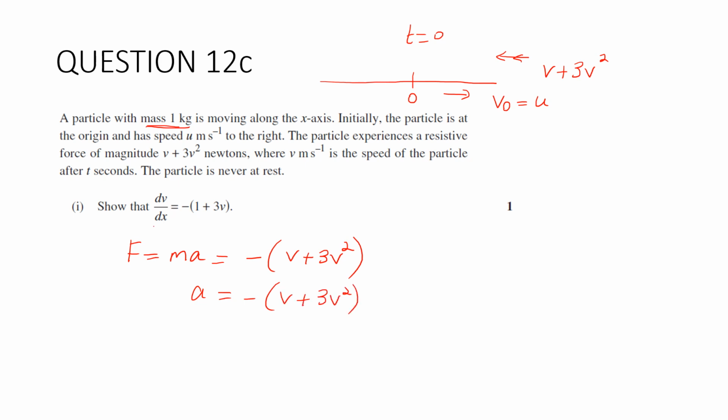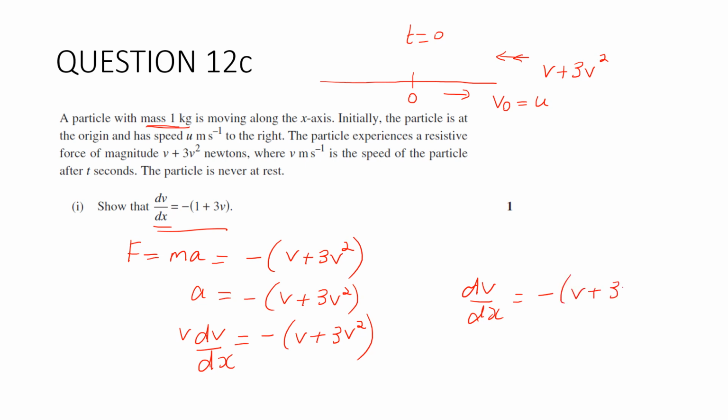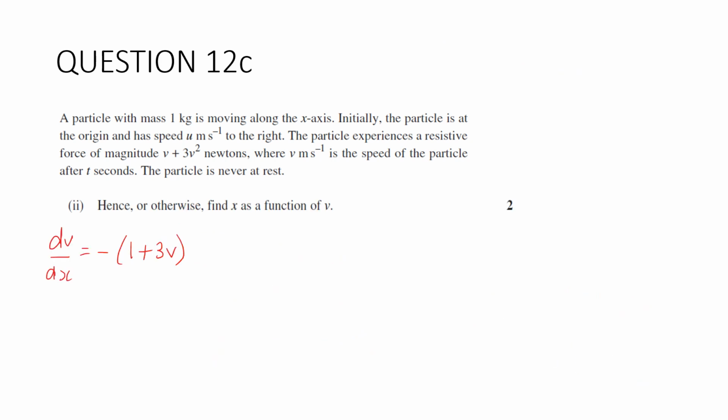Now we want dv/dx, so we're going to use v dv/dx, which is equal to negative v plus 3v squared. And we can see how we're going to get this, can't we? dv/dx is equal to negative v plus 3v squared all over v, which is equal to negative 1 plus 3v. Hence, or otherwise, find x as a function of v.